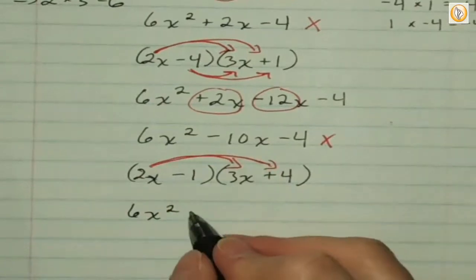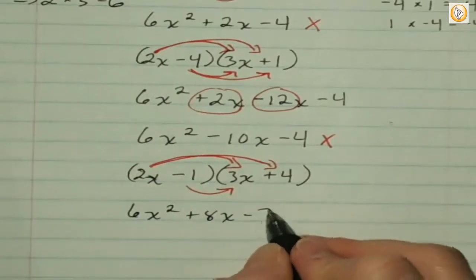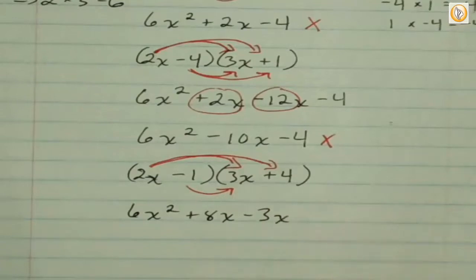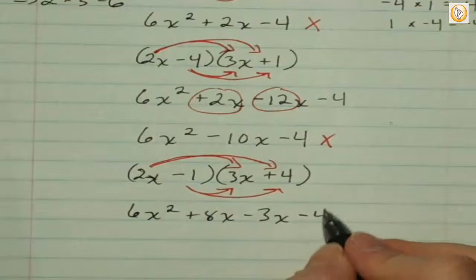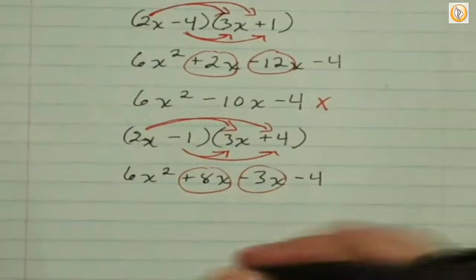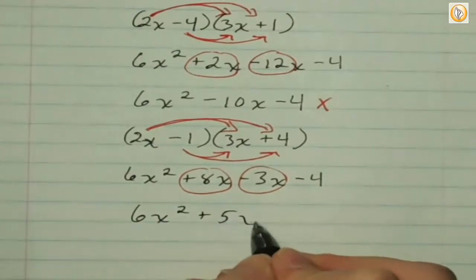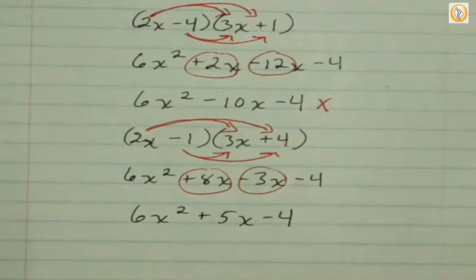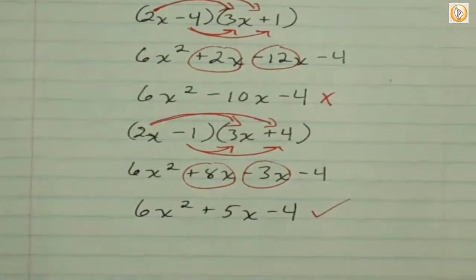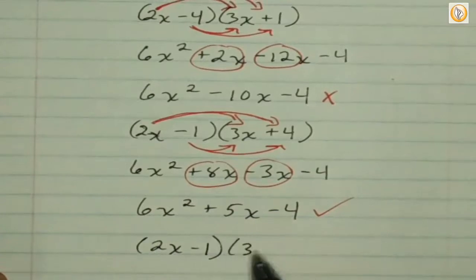That would give me 8x. That would give me negative 3x. And that would give me negative 4. Circle my like terms. 6x squared plus 5x minus 4. Does that check? Yes, ma'am. Yes, it does. There's our answer.